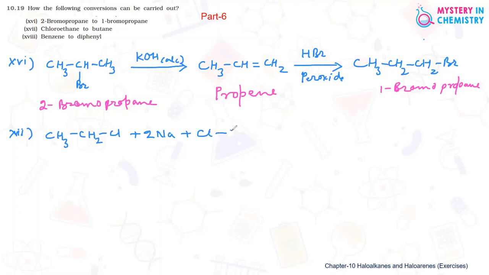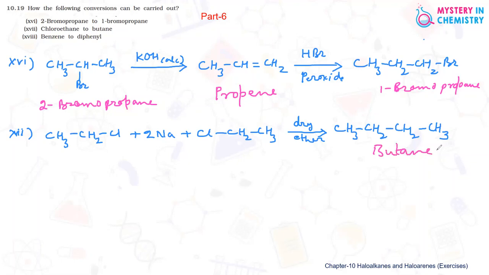Cl, CH2, CH3. In presence of sodium and dry ether. We can get the required compound, that is butane, CH3, CH2, CH2, CH3. This is butane.